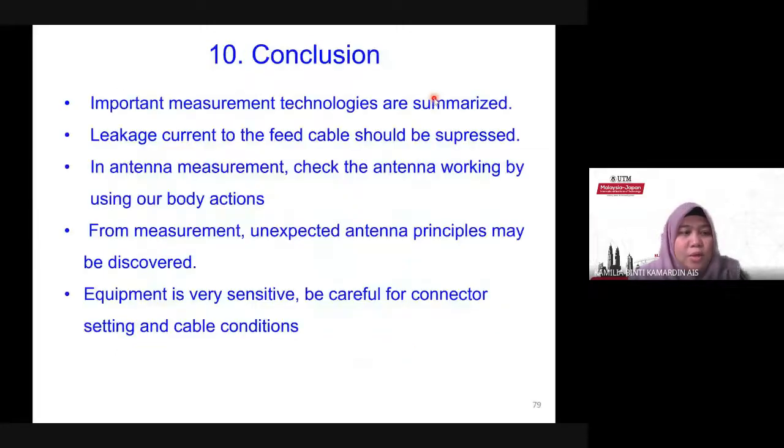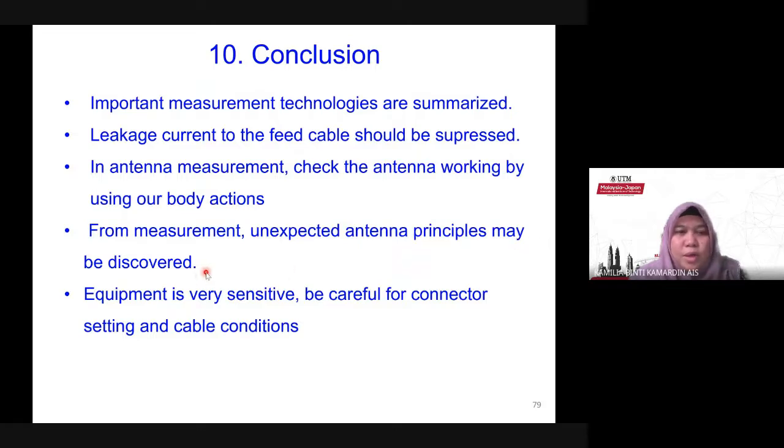Okay, so the conclusion for today's lecture by Prof. Yamada and myself is, first, important measurement technologies have been very well summarized by Prof. Yamada earlier. He also talked about the leakage current to the feed cable that needs to be suppressed. And in antenna measurement, we need to check the antenna working by using our body actions. And from measurement, unexpected antenna principles may be discovered.